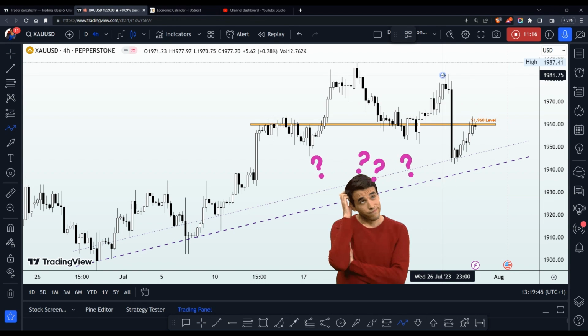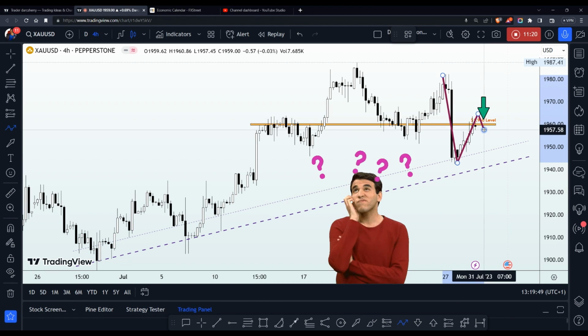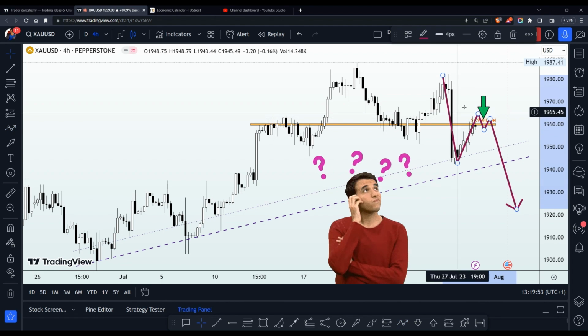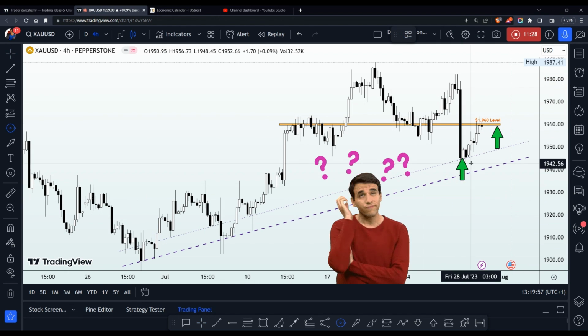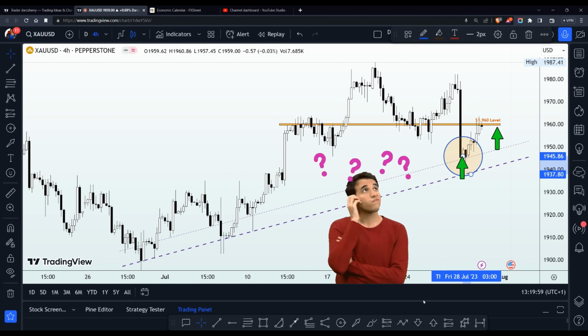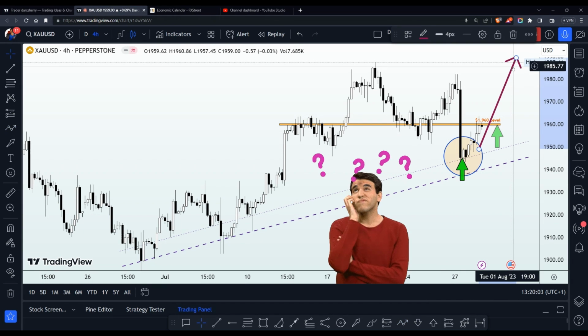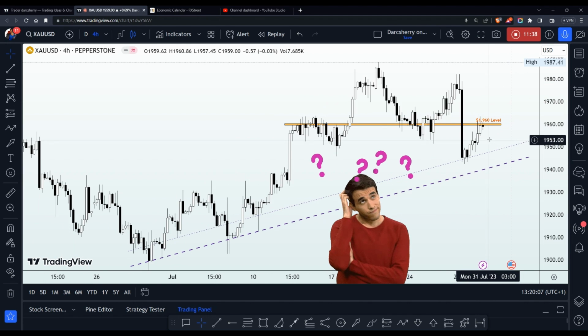That is, following this impulsive move, we could probably see a retracement that will incite the downtrend continuation. Or are we going to be having a situation where price would respect this ascending trend line to incite another wave of bullish momentum?